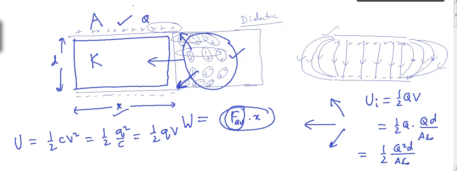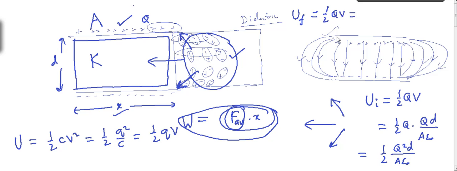Now we have to find the work done here. It's very simple, because after the dielectric is inside, let's calculate the energy. We can expect that the energy should be less after the dielectric has gone inside, since this system has done some work, so some energy has been consumed. Let's see if the energy is reduced or not. So U final will be half QV. Q cannot change because we are not taking or giving charge, so Q must remain the same.